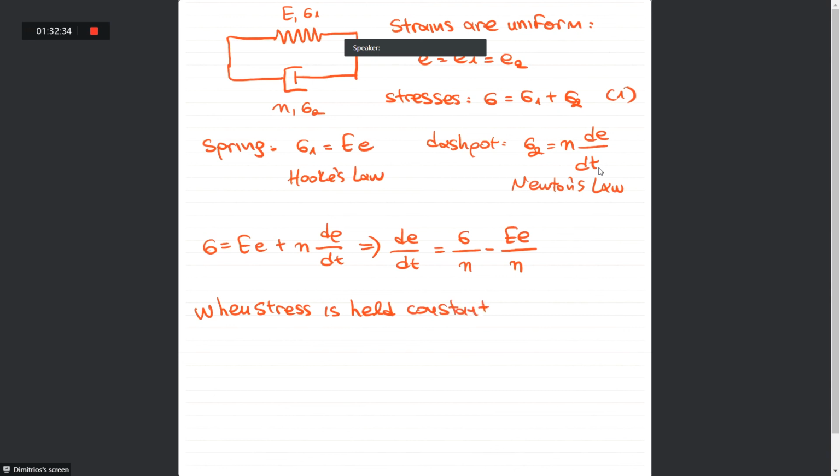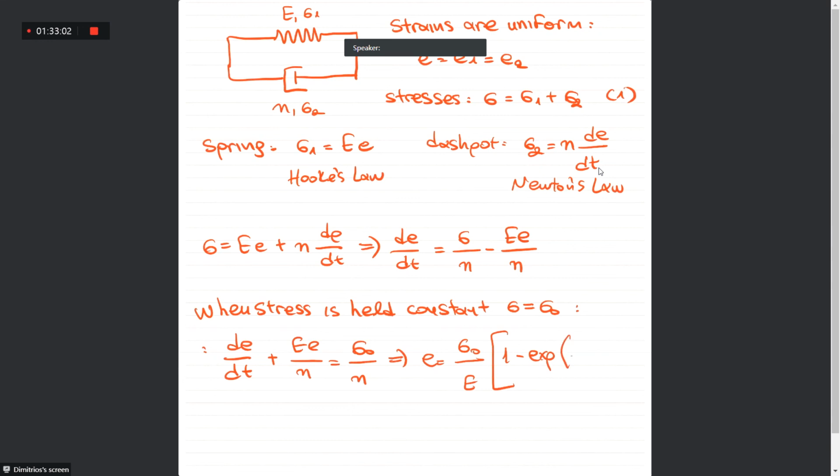So d epsilon over dt plus E epsilon over eta equals sigma 0 over eta. After integration, epsilon equals sigma 0 over E times 1 minus exponent of minus E t over eta.